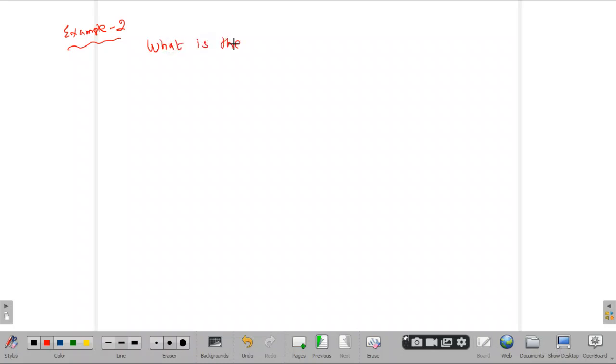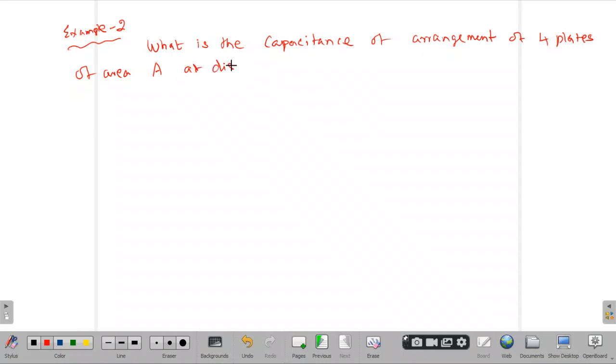What is the capacitance of the arrangement of four plates of area A at a distance D in air medium?